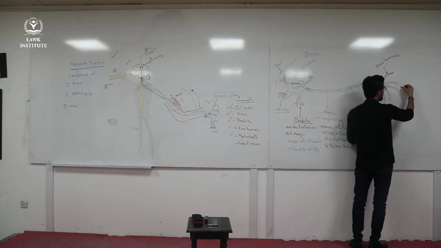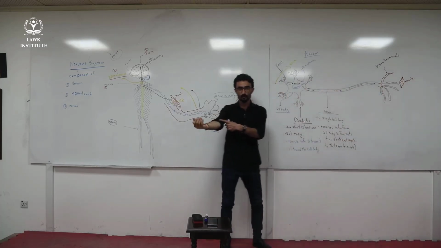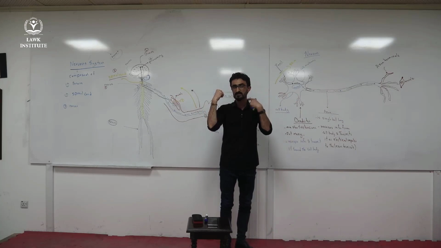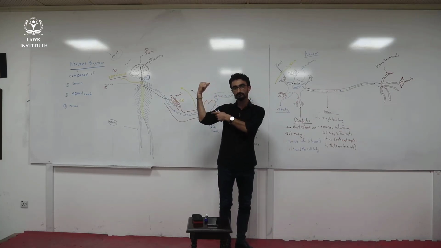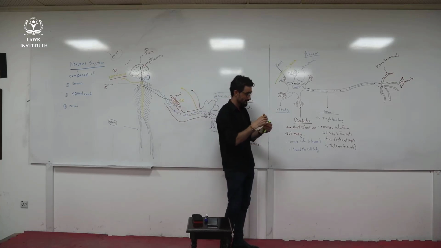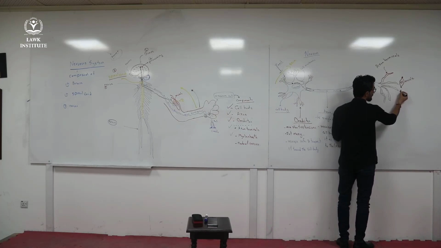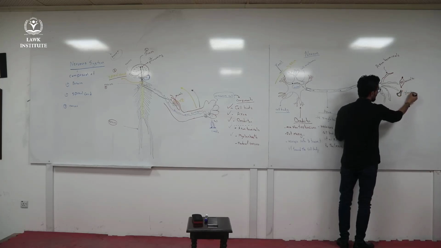Sometimes they transmit signals to a muscle. For example, when you decide to bend your elbow, your brain sends a signal to your biceps to contract and to bend your elbow. This is how a neuron communicates with a muscle to control its contraction. In other cases, a neuron may communicate with a specialized gland. Let's say here we have a gland cell or gland region.